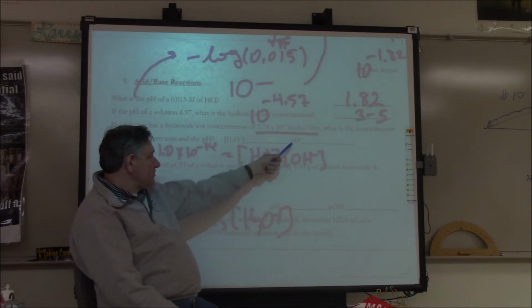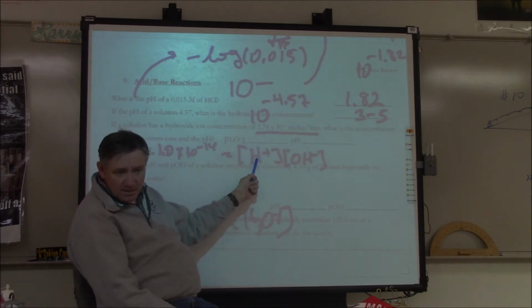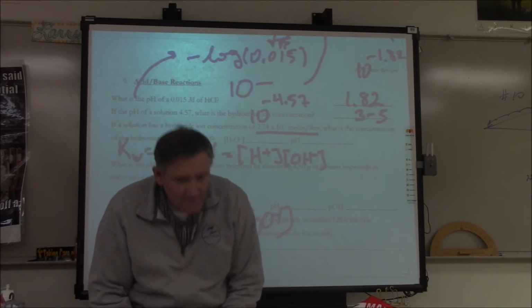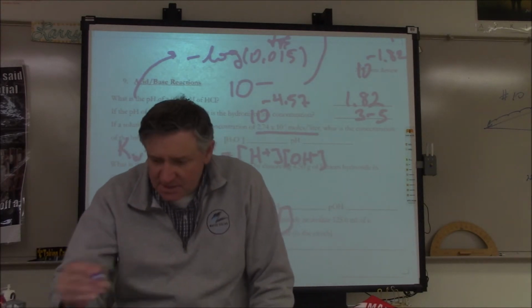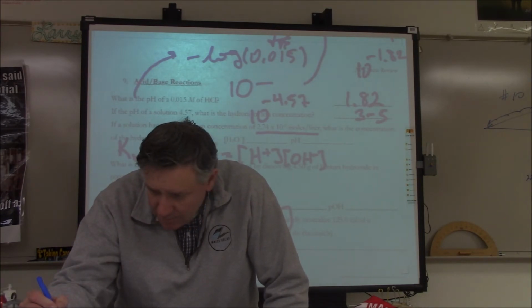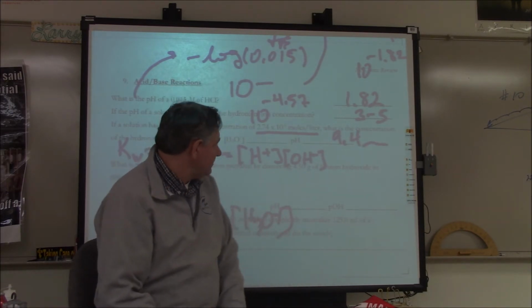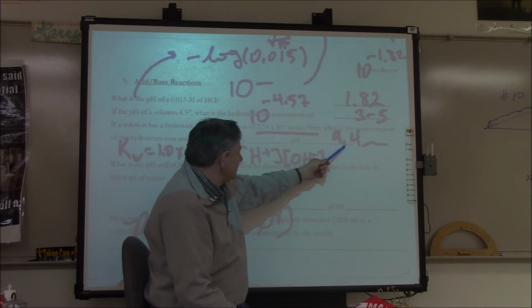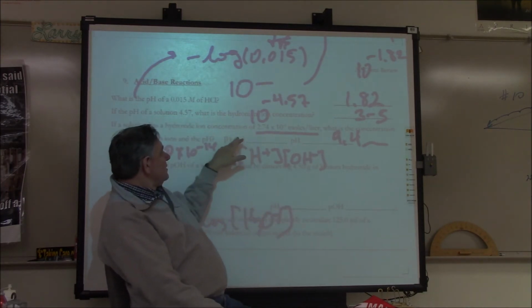And then to get your pH, you're going to take the negative log of that value right there. It's the simplest way to do it. So you should get a pH of around 9.4 something.